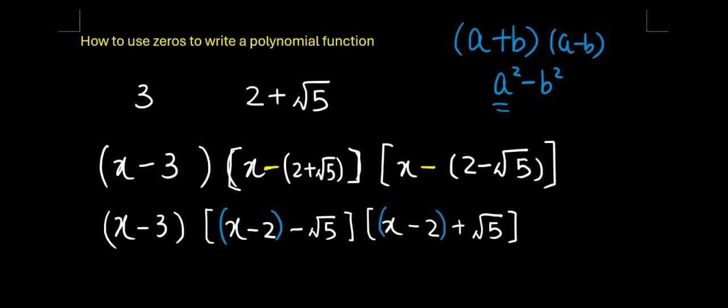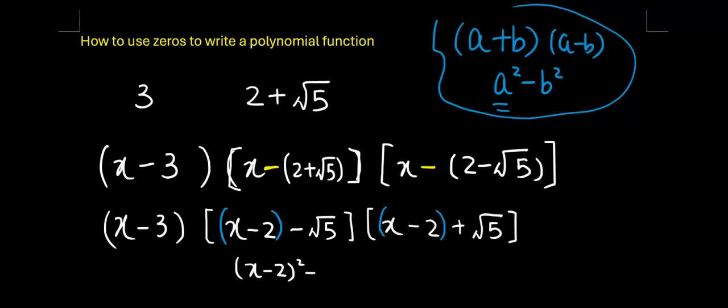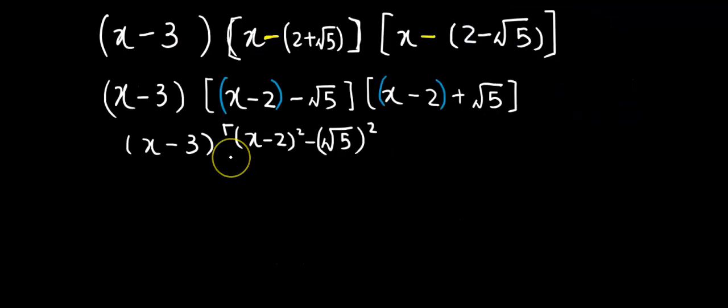Now I can use this rule. This rule we just wrote down in blue. Then I can say x minus 2 squared minus square root 5 squared. And do not forget, copy down the previous one, which is x minus 3. And I want to add a bracket here because I want to focus just on this part. And then when I go to the bracket, I will expand this one.